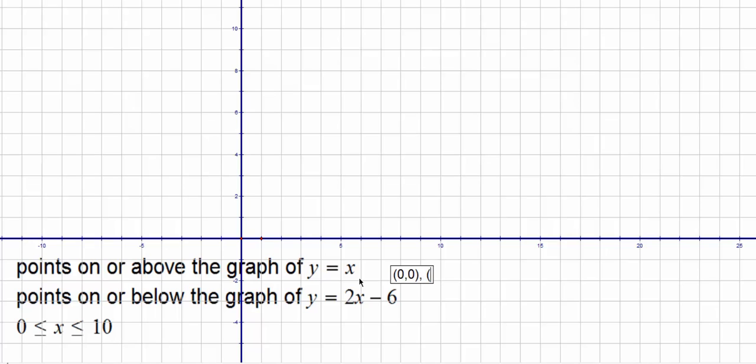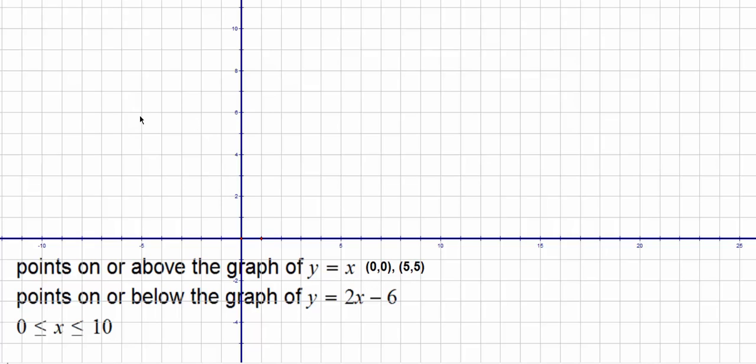Then let's take x equals something like, say, 5, and y will be 5, right? Or I could have taken 1, 1. Either way, it's all good. All right. So what will happen? Here we have to sketch points on or above the graph of this line.